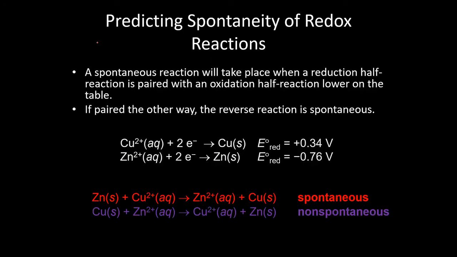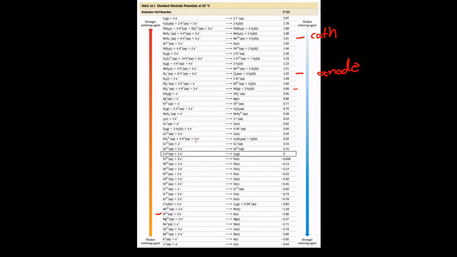So let's go back to the table and see, is our anode, which is the iron, because it's being oxidized, lower on the table than the magnesium? Let's find those. So there is iron, but it's not the right iron. This is iron 3+. We want iron 2+. Iron 2+ is right there. Okay.